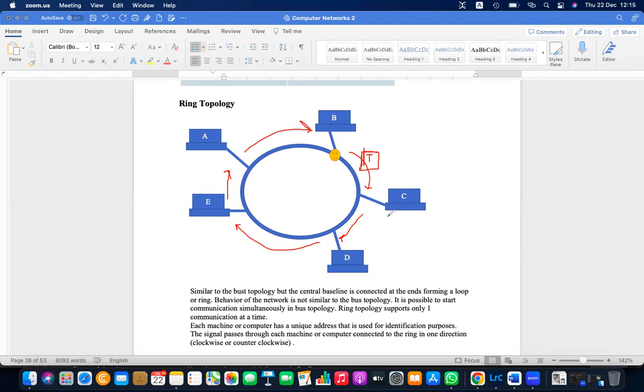Let's say C wants to send data to E. C will wait for the token. C will get the token and check whether the token is free. Yes, the token is free.